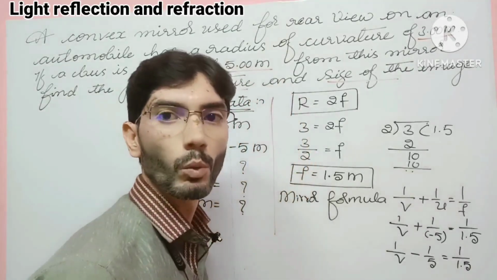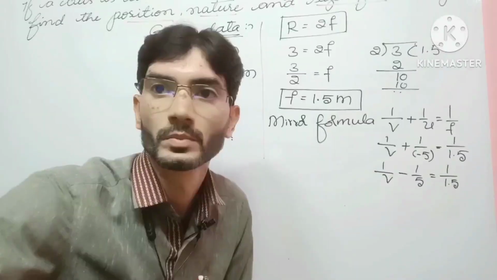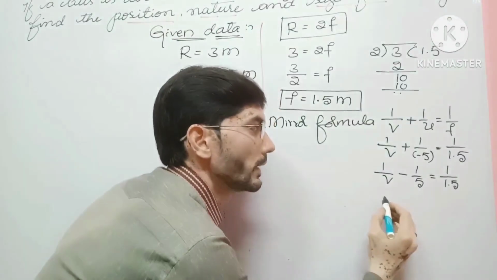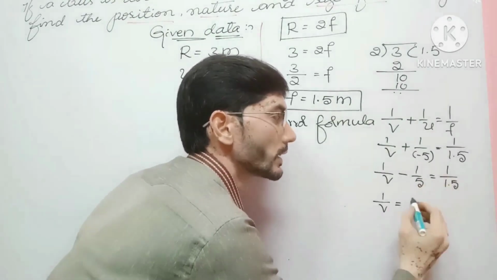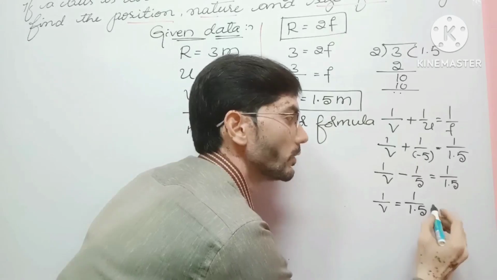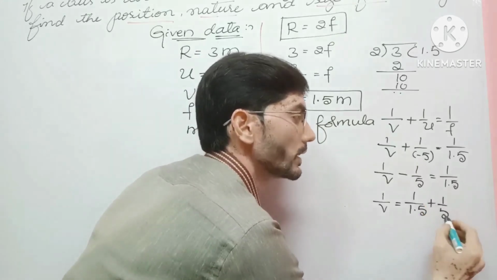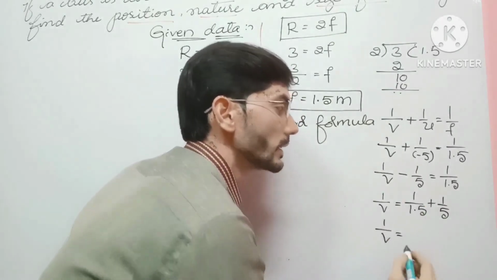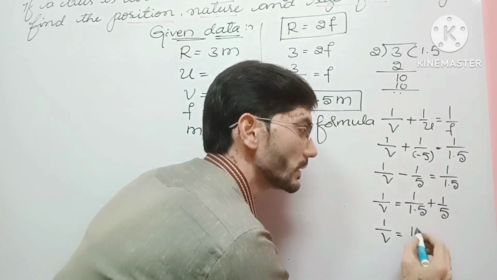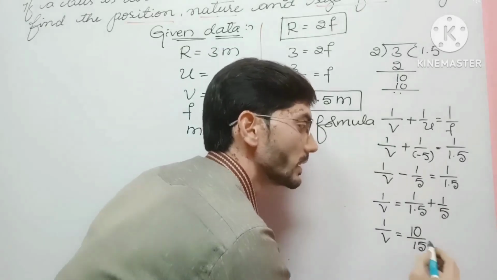Again 1 by V as it is we will write, and now this minus 1 by 5, let's send that side. 1 by 1.5 plus 1 by 5, it will become plus 1 by 5, and now 1 by V is equal to, so here you can write it is nothing but 10 by 15 by cancelling decimal point.